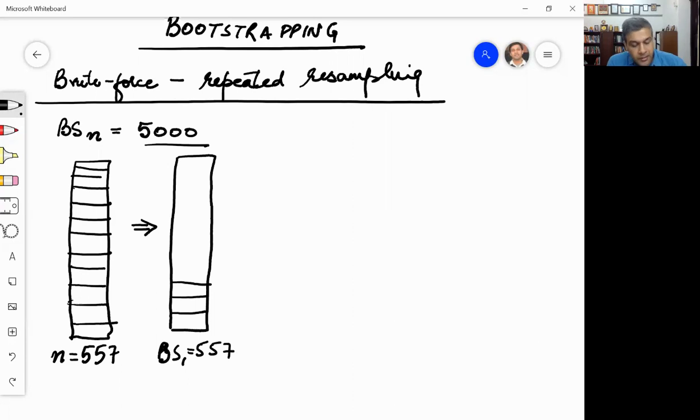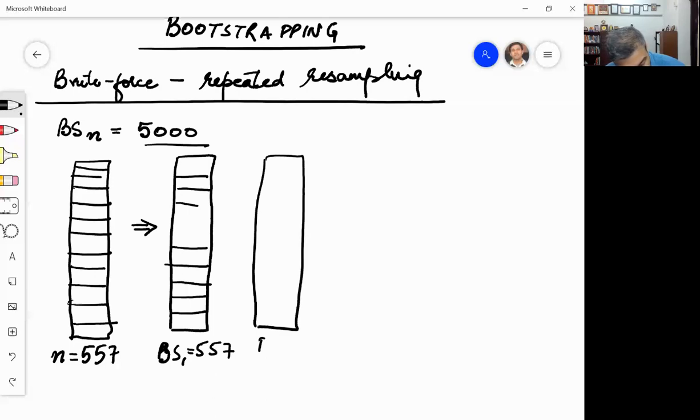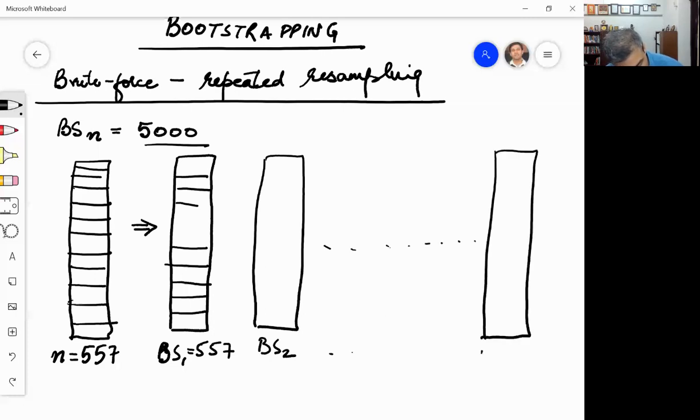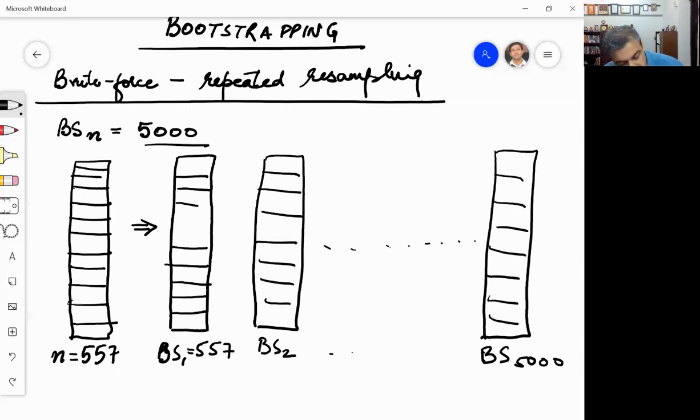So it is going to create bootstrap sample 1, bootstrap sample 2, up to bootstrap sample 5,000. Okay. Now what it does is you had some data here: 5, 4, 3, 2, 1, 5, 4, 1, 1, 2, 3, 4, right?